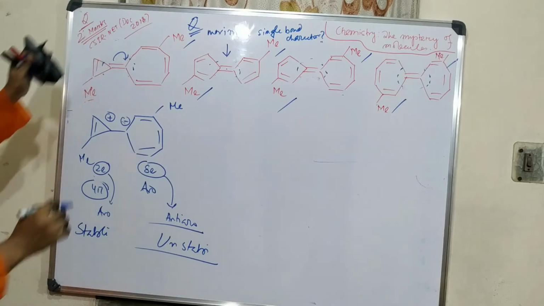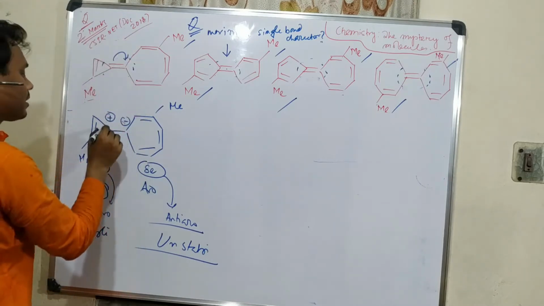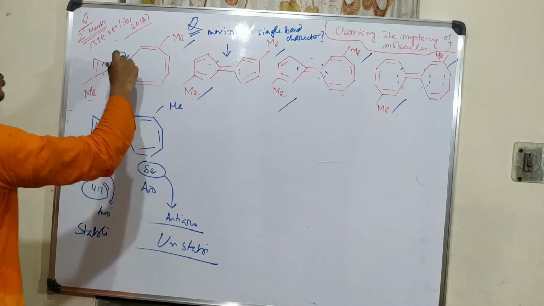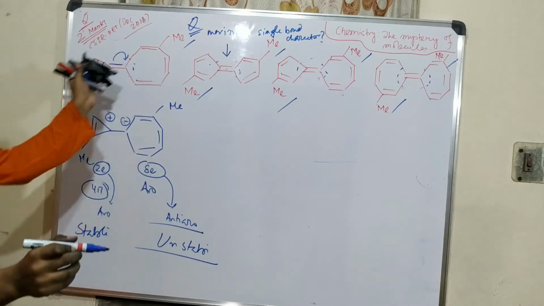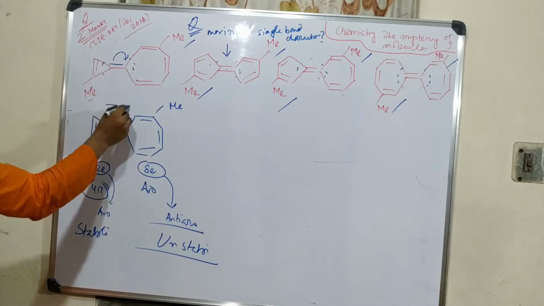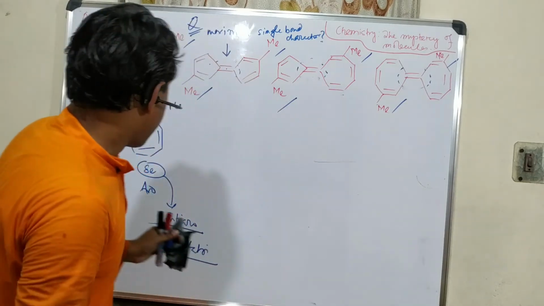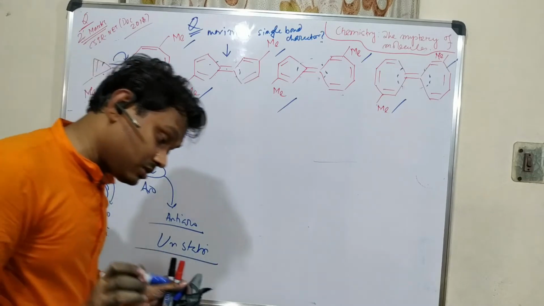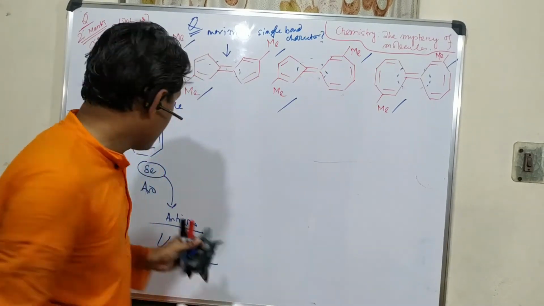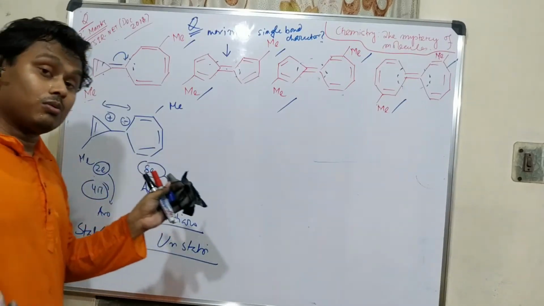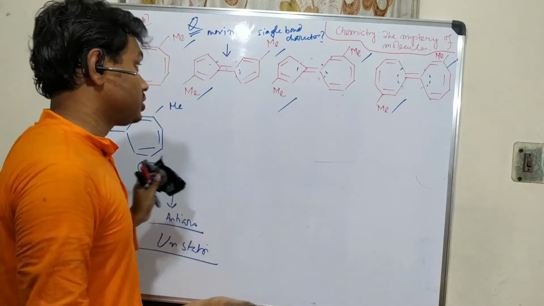So it is expected that this bond will not have that much tendency to delocalize, because delocalization is charge distribution. Charge distribution creates destabilization, and charge distribution will happen only when this destabilization is balanced by some stabilization factor.